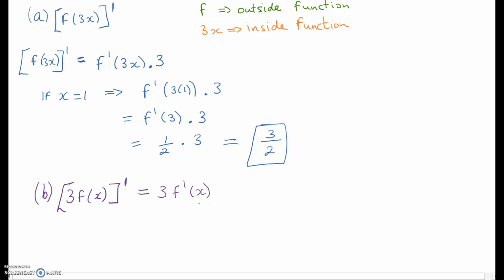So if we're multiplying the outside by a constant, we just keep that constant. In part A, where we're multiplying the x rather than the outside function, it's a different story, and the chain rule very much comes into it. But in this case, where the 3 is not in the parentheses, we're not doing f of 3, we're doing 3 of f, so it's a much easier story.